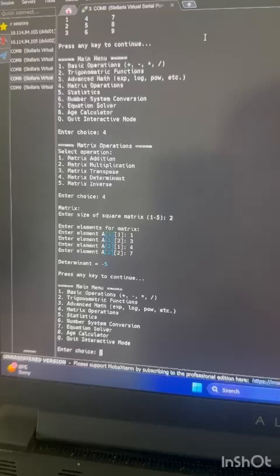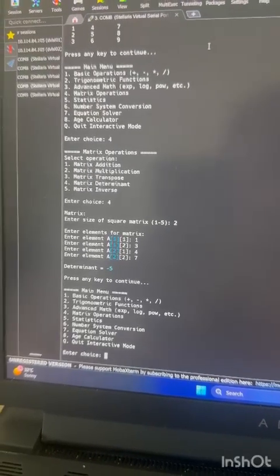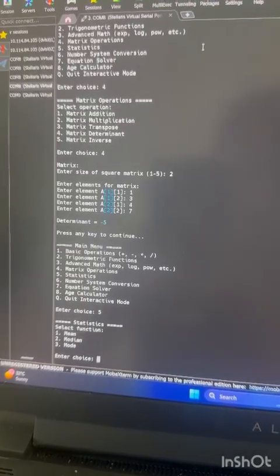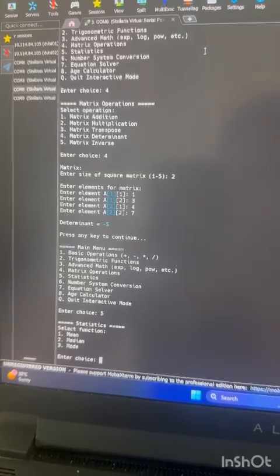Next one is a statistics operation, in which we have defined mean, median, mode. Let's calculate the mean.